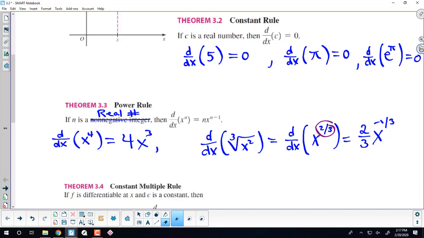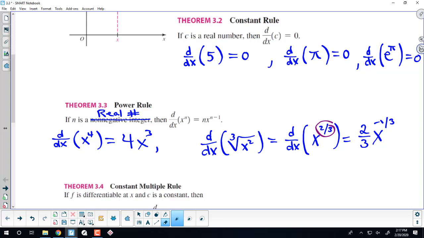Like with x to the fourth, if we had to find the derivative of x to the fourth from section 3.2, we would have to compute the limit as h approaches 0 of (x plus h) to the fourth minus x to the fourth, all over h. It's really tedious to multiply x plus h four times, collect like terms, and simplify.